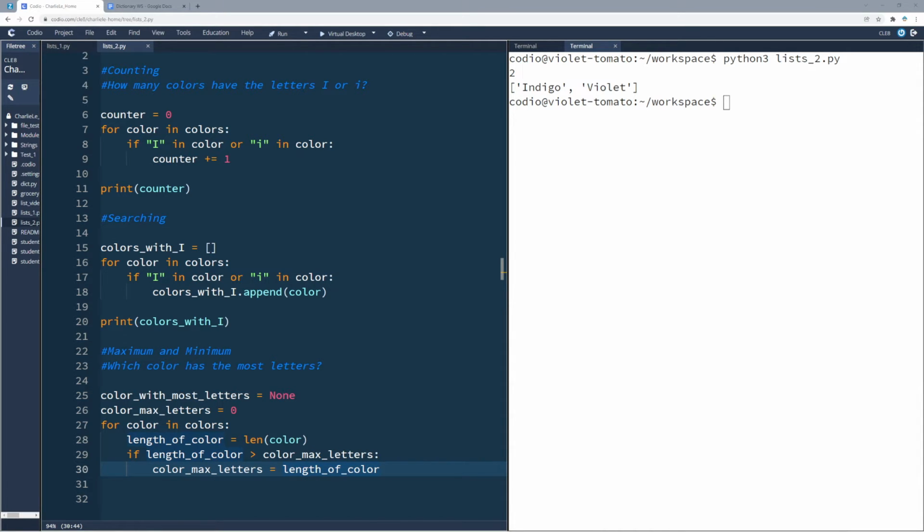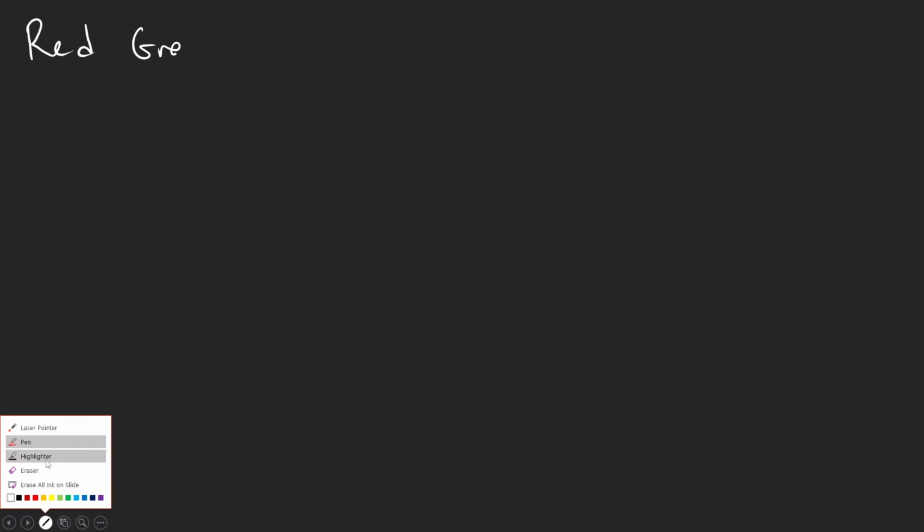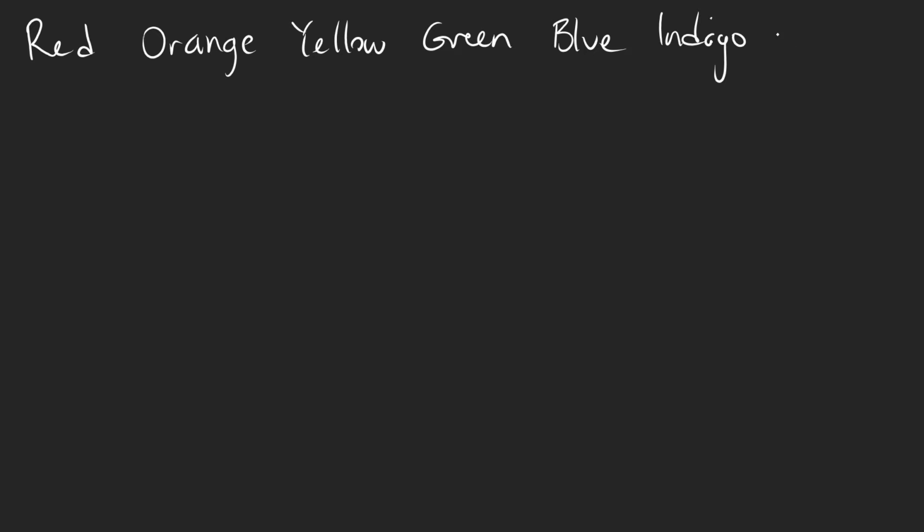So how does that algorithm work? If we take a look, again, we had red, orange, yellow, green, blue, indigo, violet.